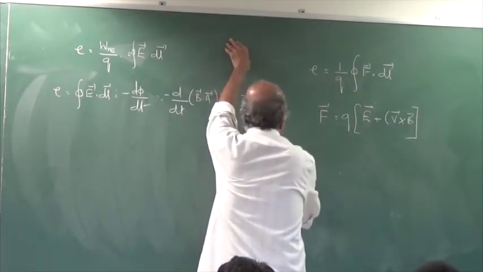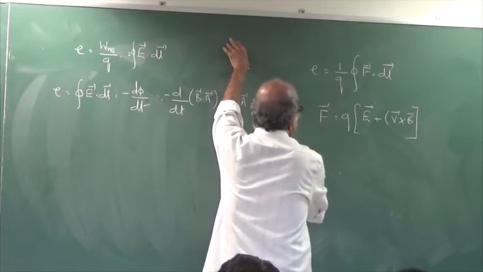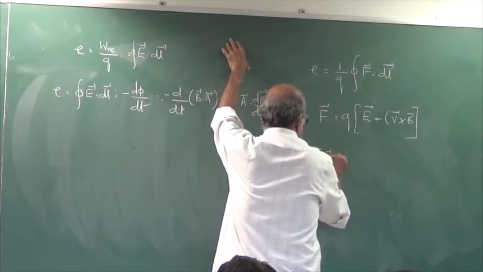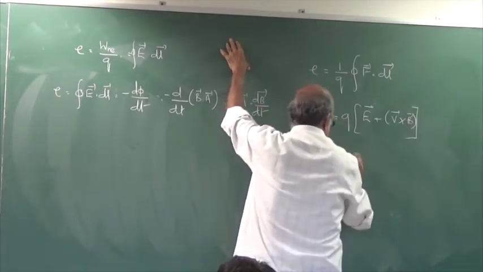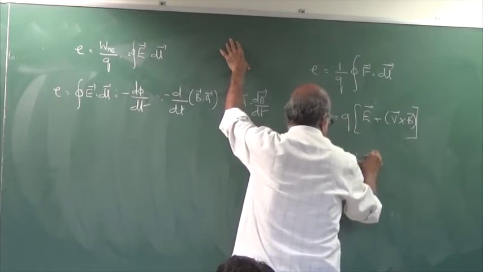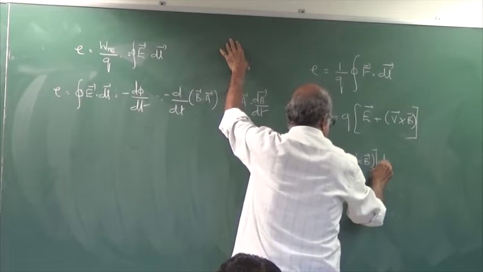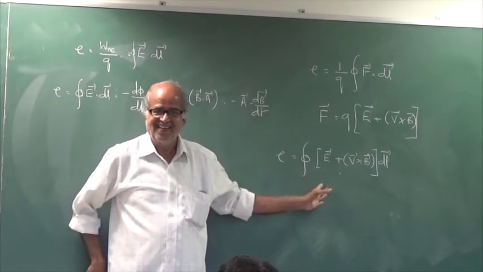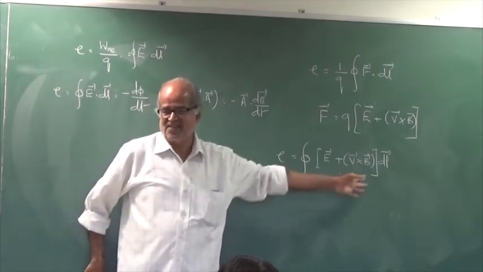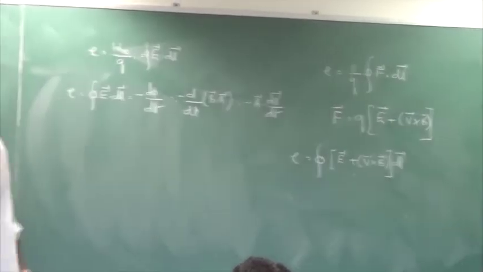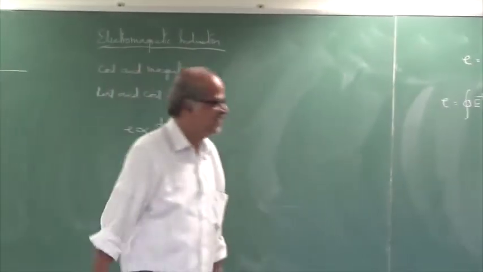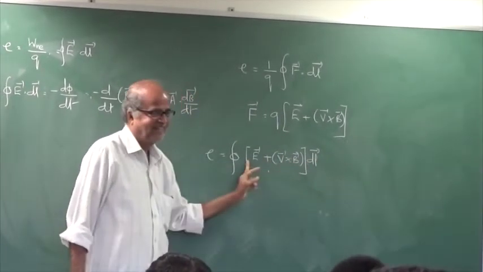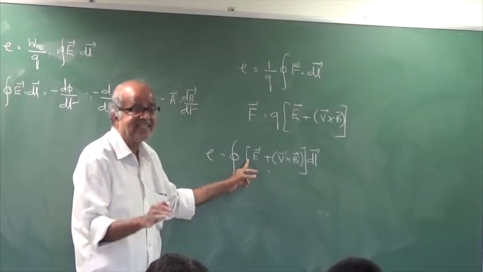So that you can put it in the form now, induced EMF is... So you see, there are two factors which contribute to this EMF. Will you agree? One is this. What is that? Induced electric field.